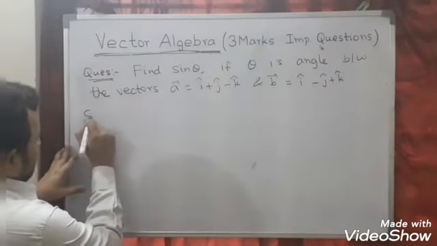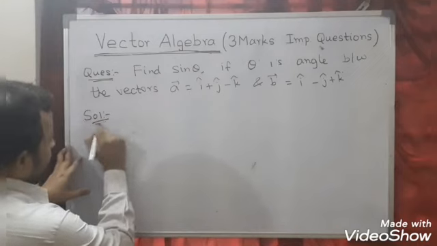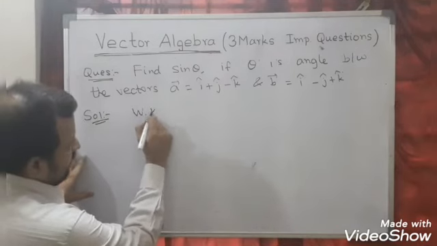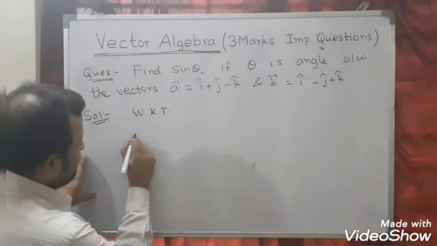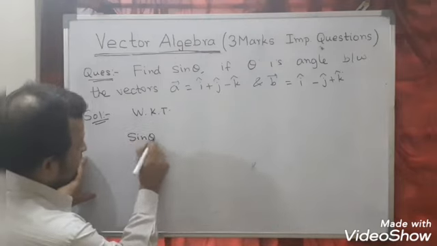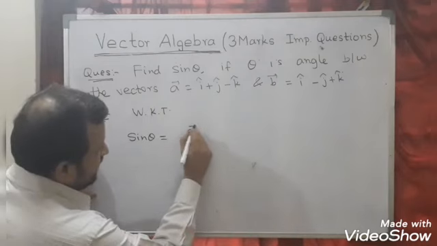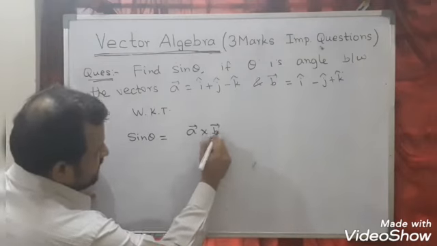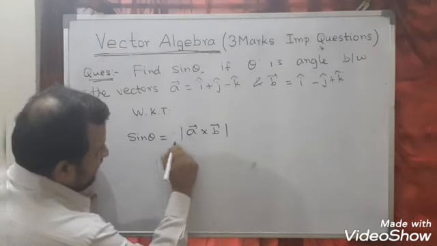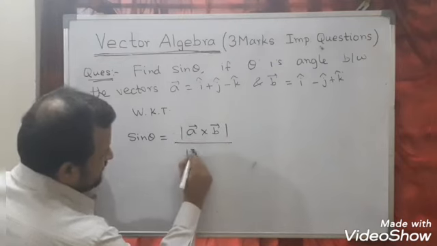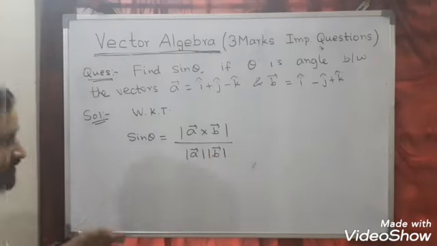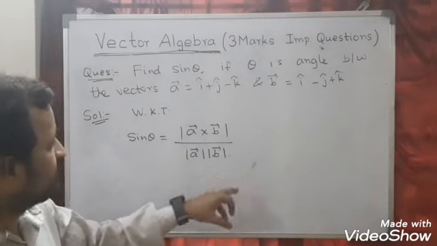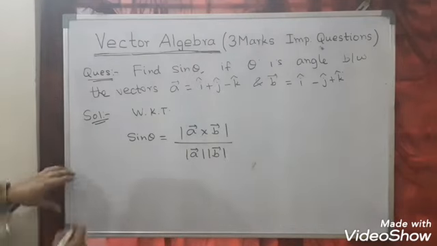Now let us see the solution of this one. We know the formula to find the angle in terms of sin theta. Sin theta is nothing but the magnitude of A cross B divided by the magnitude of A into the magnitude of B. So first we have to find A cross B. Let us calculate here.